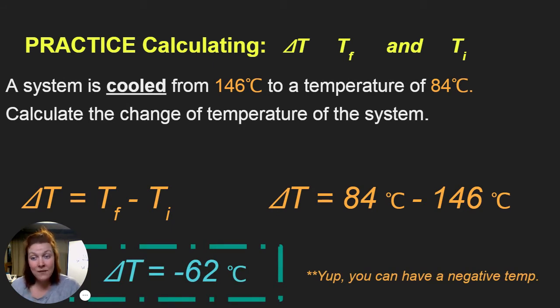Yes, you can have a negative change in temperature, and this makes sense. A negative value tells us that we are losing temperature. We are decreasing in temperature, and if we're decreasing in temperature, we are also decreasing heat energy, hence why the system is being cooled. So your heat value is negative.